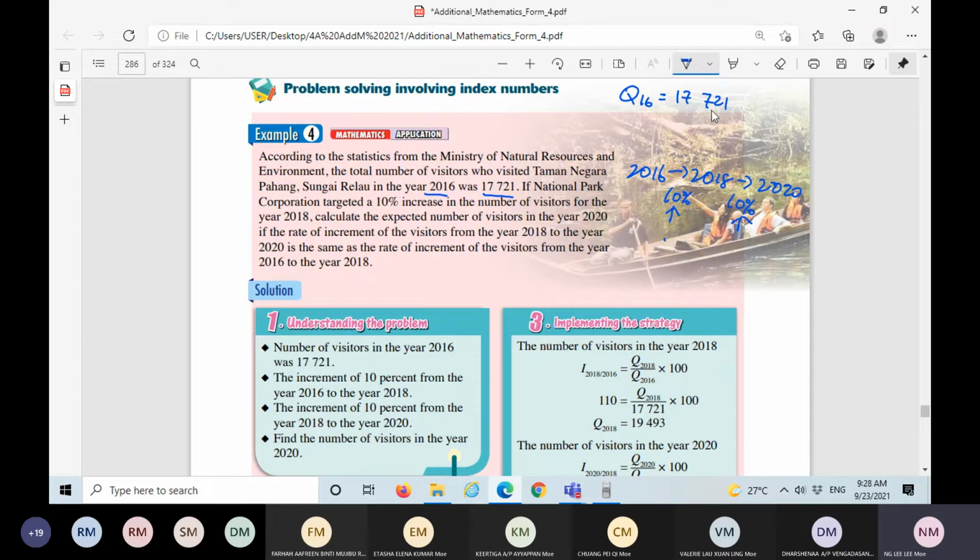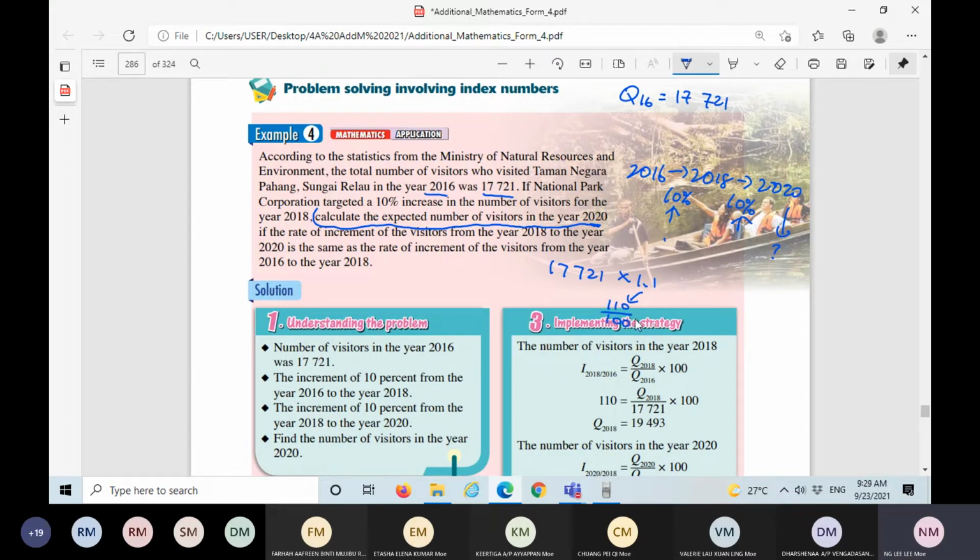So you see 16 is this. What do they want actually? Calculate the expected number in the year 2020. What's the number at 2020? From here to here is 10%. So start from 17,721. If it increases 10%, I will do times 1.1. This is a shortcut. 1.1 comes from 110 over 100.